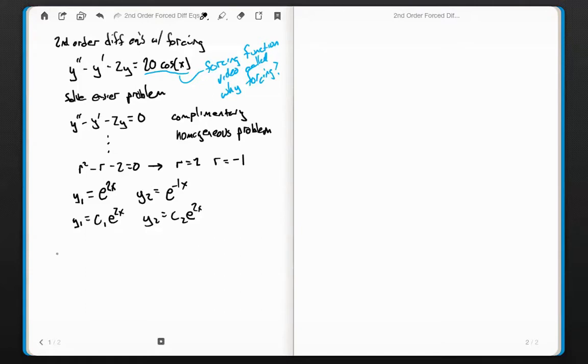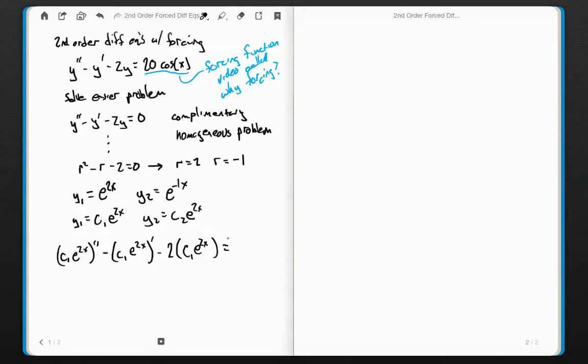What I mean by that is if we took our first solution, y1, so it's c1 e to the 2x, and took the second derivative of that. Why the second derivative? Because that's what my differential equation and my complementary equation call for. So y double prime minus (c1 e to the 2x) prime, because that's what it calls for, and then minus 2 times c1 e to the 2x.